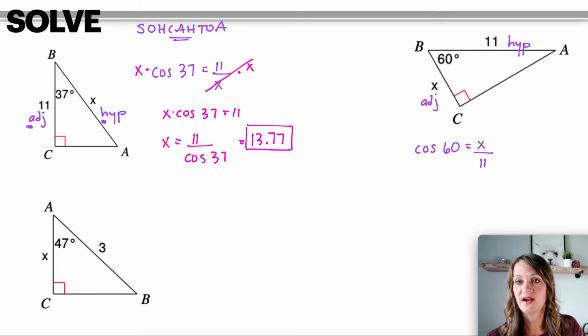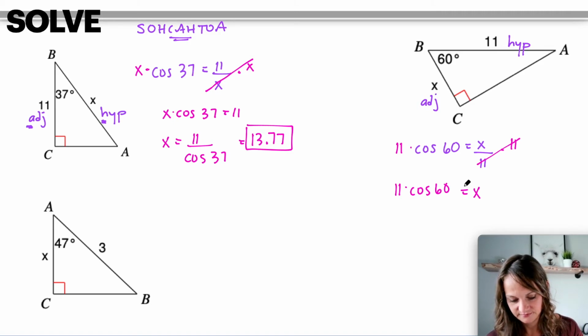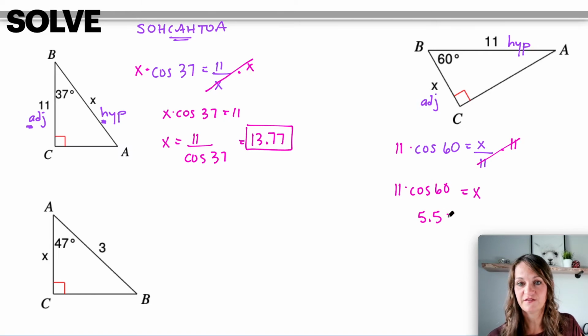So to solve for x, we will need to multiply both sides by 11. And we have now solved for x. And so in the calculator, all you have to do is just multiply 11 times cosine of 60. And you will get 5.5 for your side.